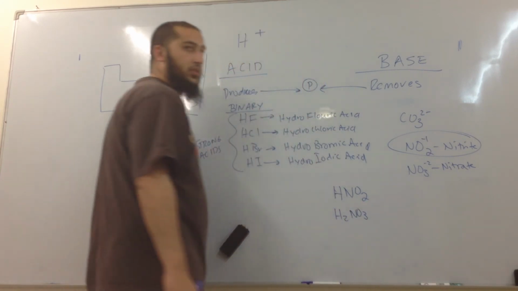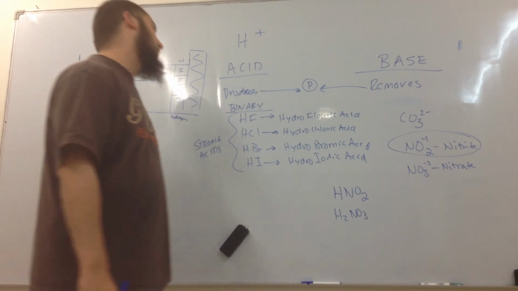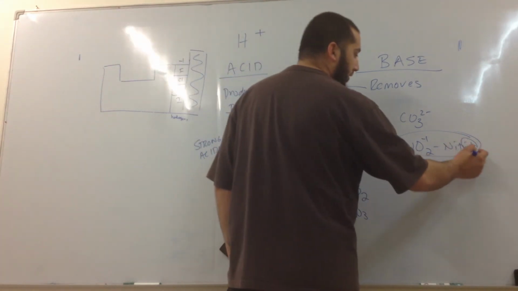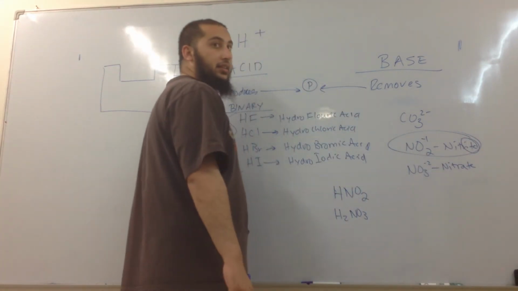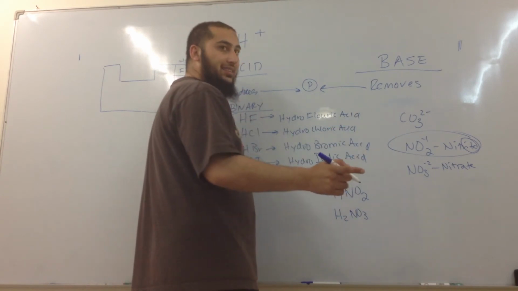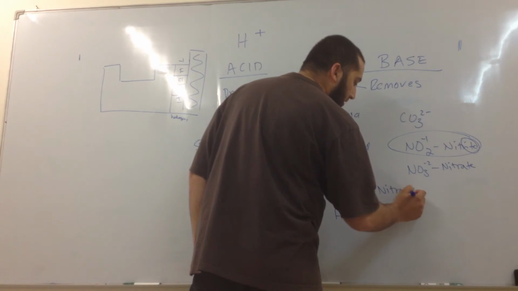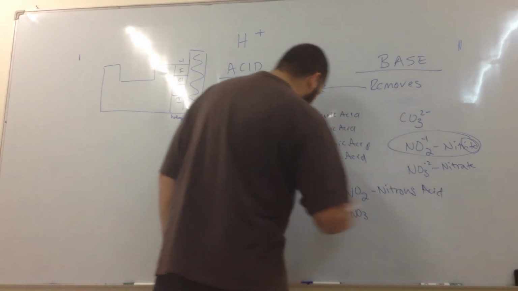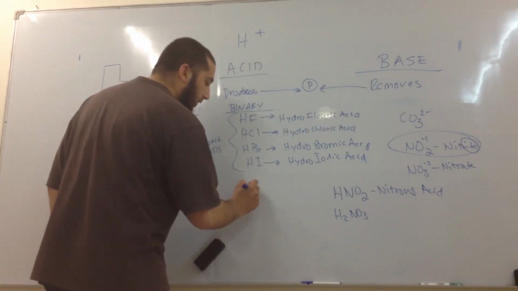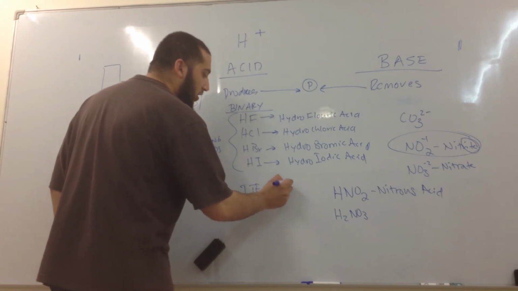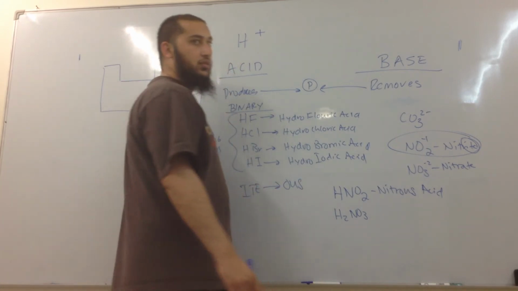HNO3. Does that make sense? Now, nitrite ends with what? ITE. So if it ends with ite, we call it nitrous acid. If it ends with ITE, when it becomes an acid, we call it OUS.